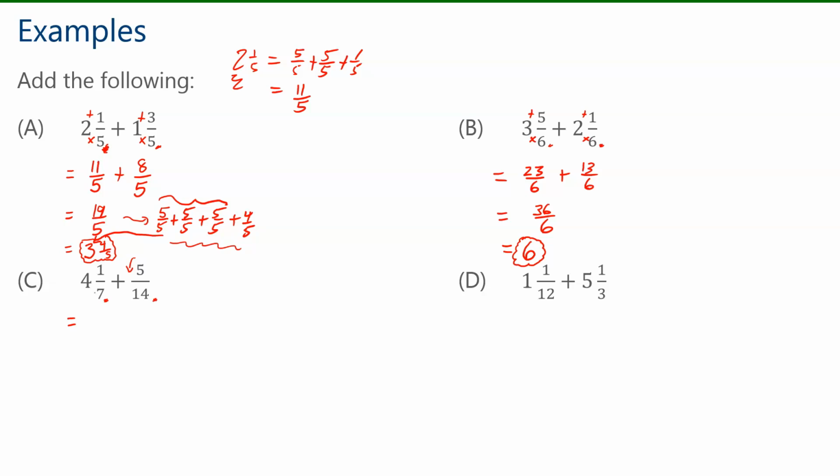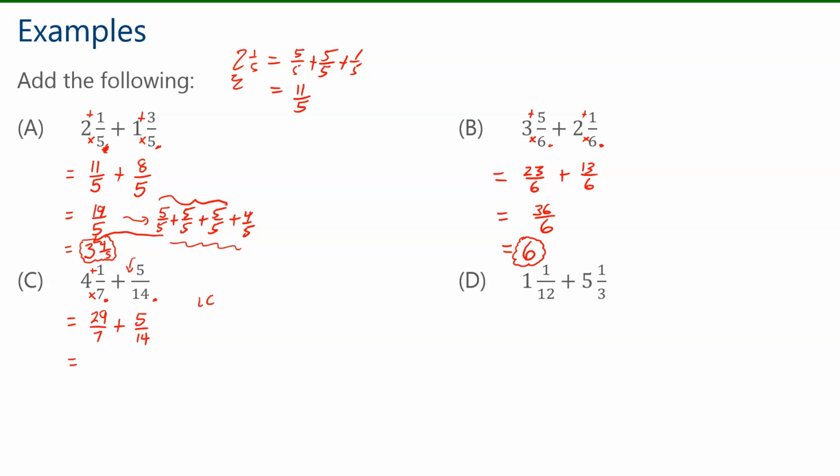So 4 1/7. I start with my 7. 7 times 4 is 28, plus 1, 29. So I have 29 over 7, plus there is no mixed number to change to an improper fraction. So I just put down my 5 over 14 again. My denominators are different, and we have learned, of course, that we need a common denominator to add.